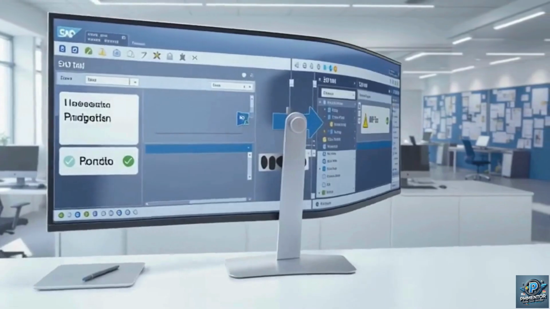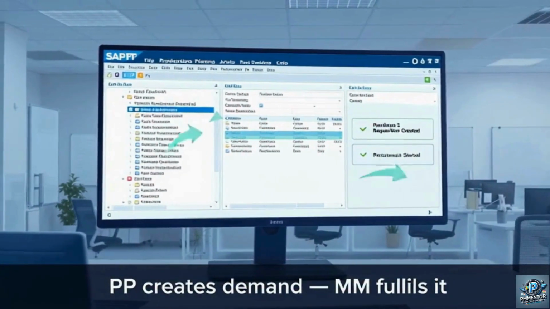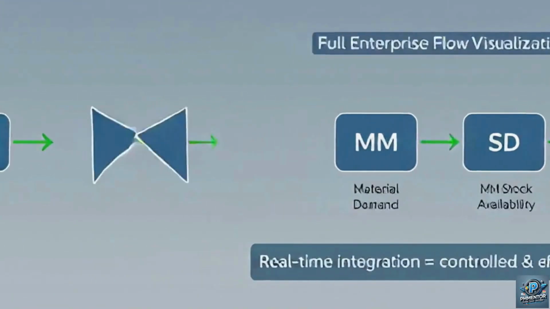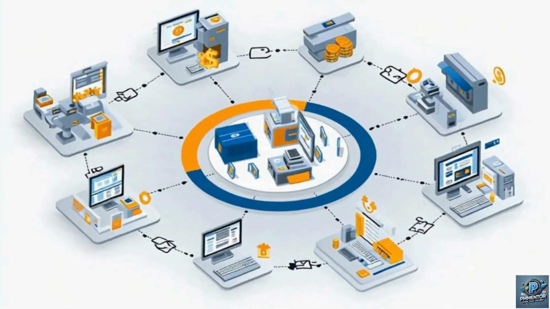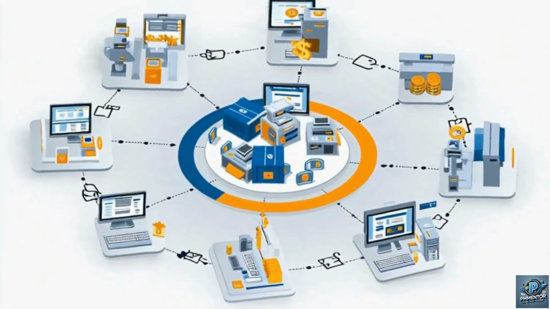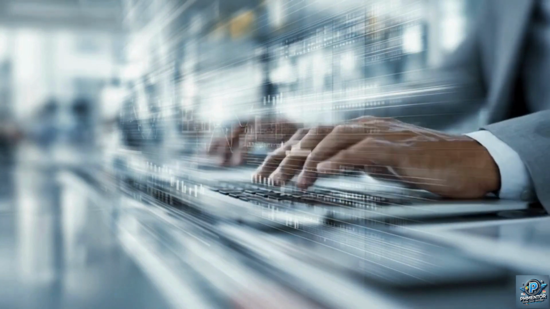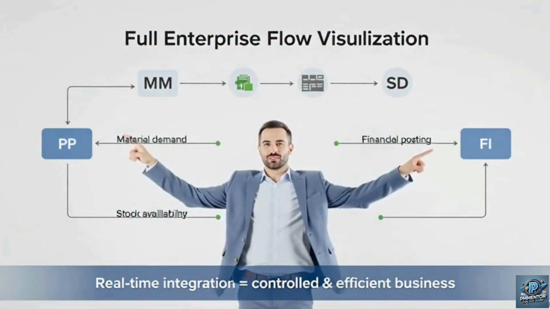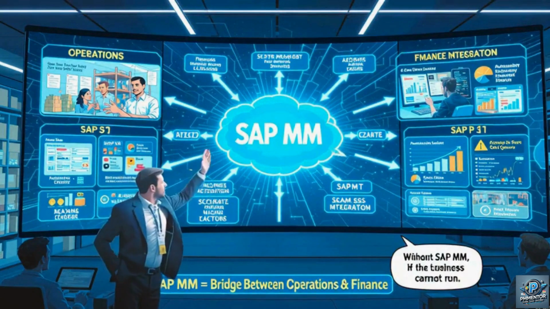SAP PP uses MRP, material requirement planning, to generate demand, and SAP MM fulfills that demand by procuring materials. So the integration works like this. MM supports PP by supplying materials, MM supports SD by maintaining stock, MM supports FI by recording financial transactions. This real-time integration ensures that the entire business runs in a synchronized and controlled manner. That is the real power of SAP.